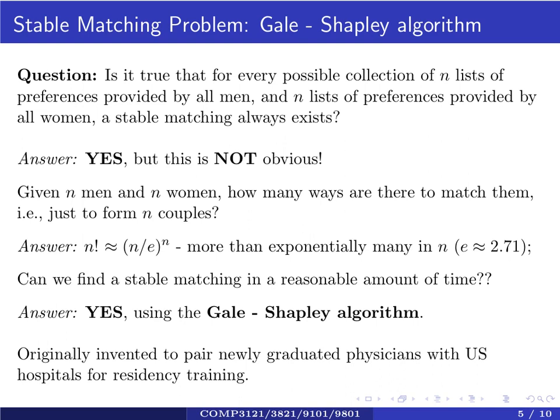Notice, in this case, of course, the number of newly graduated physicians is larger than the number of hospitals, so it's not n men and n women to be matched, but for simplicity we will consider just the case when the number of men is equal to the number of women.